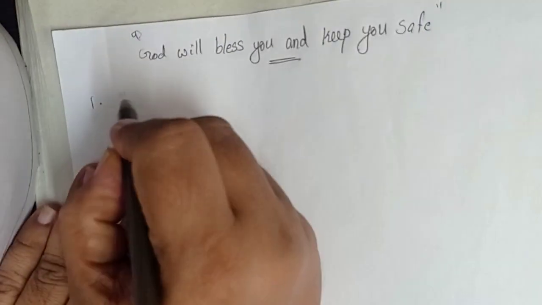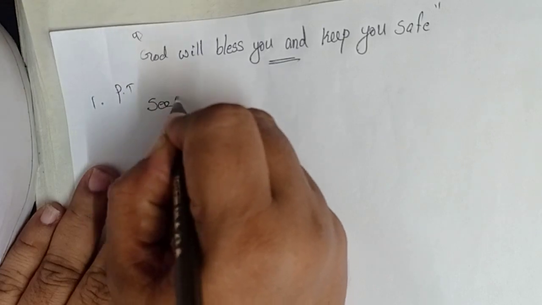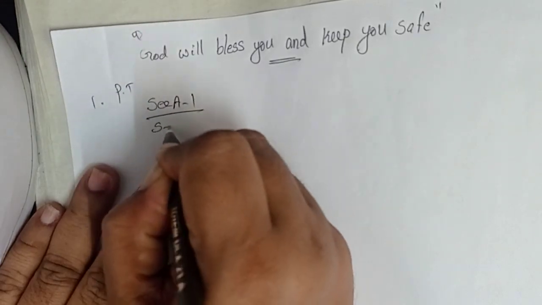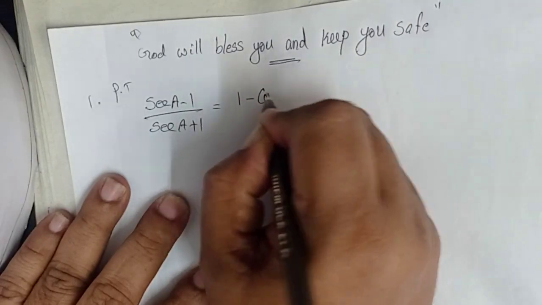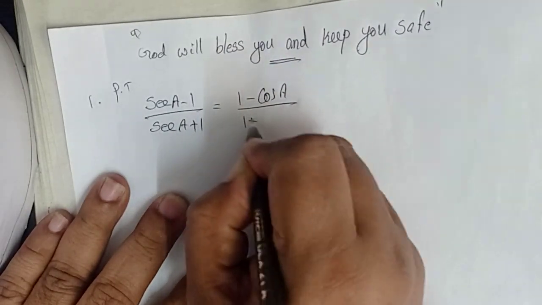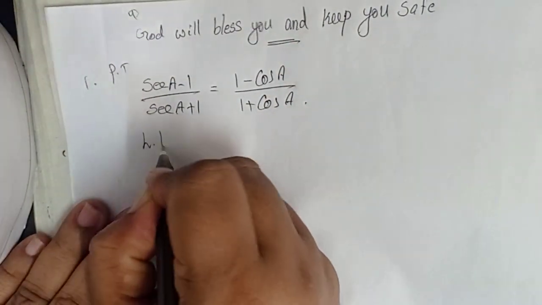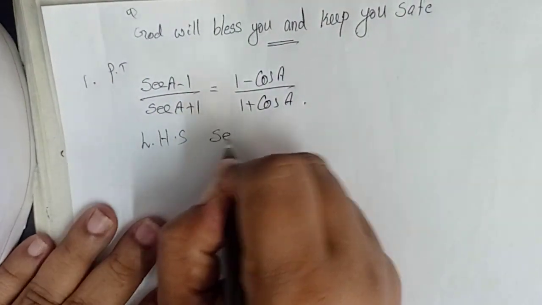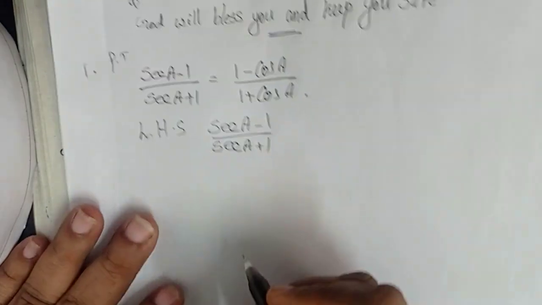Prove that (cosec A minus 1)/(cosec A plus 1) is equal to (1 minus cos A)/(1 plus cos A). Taking the LHS, (cosec A minus 1)/(cosec A plus 1).